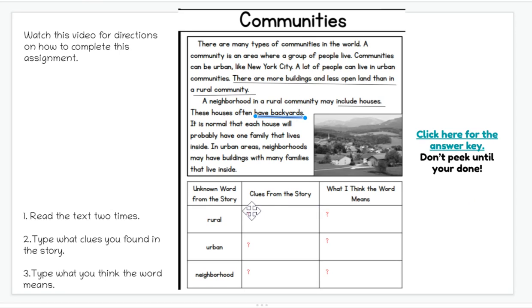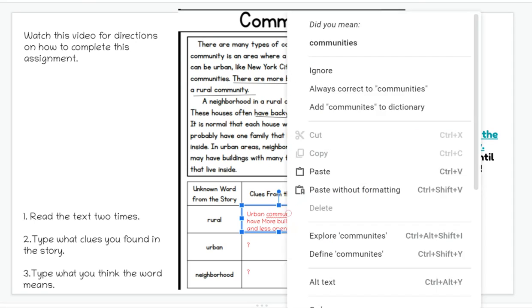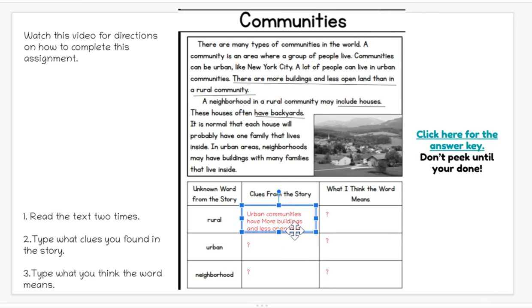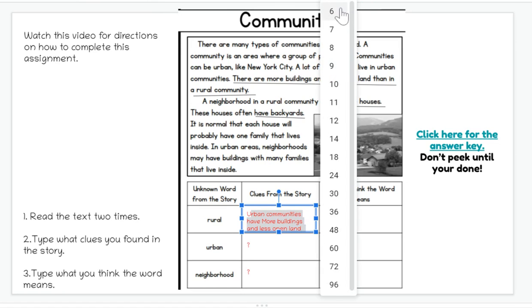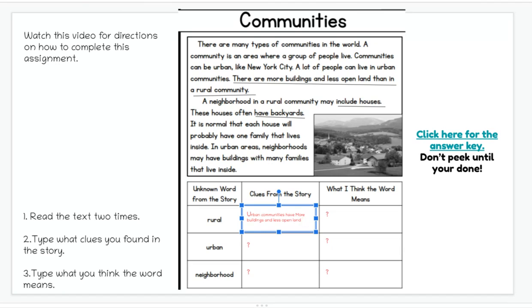Okay, so these are my clues. So I'm going to type right here and I'm going to say urban communities have more buildings and less open land than rural communities.